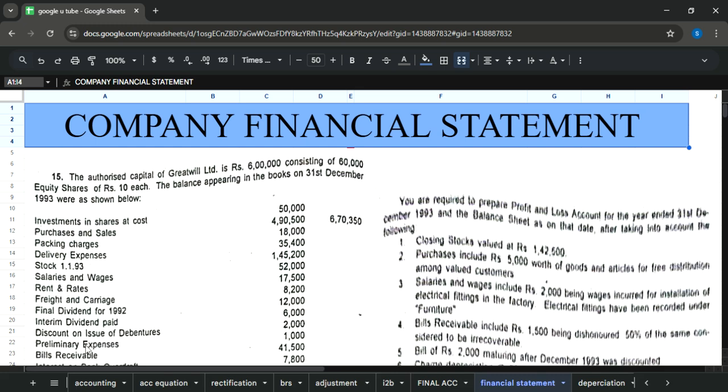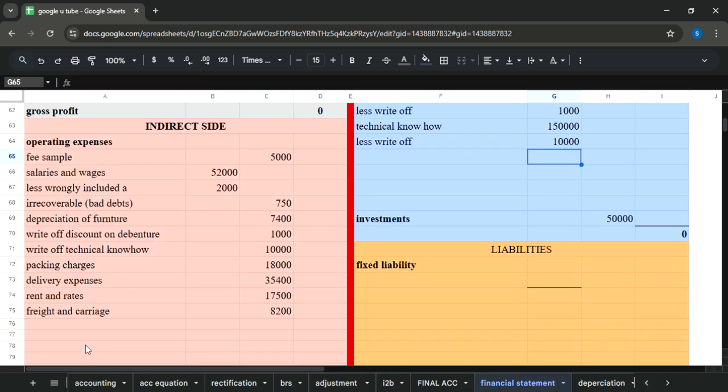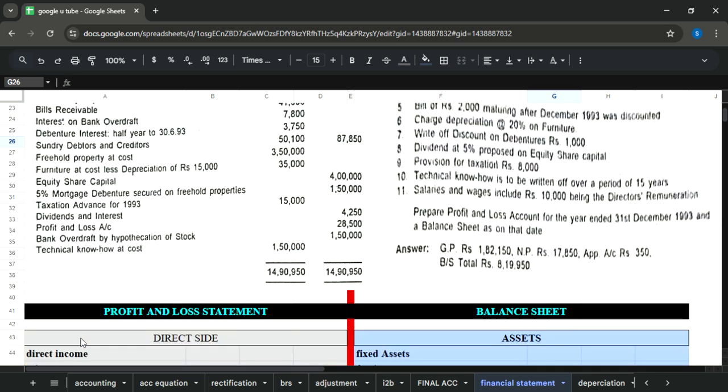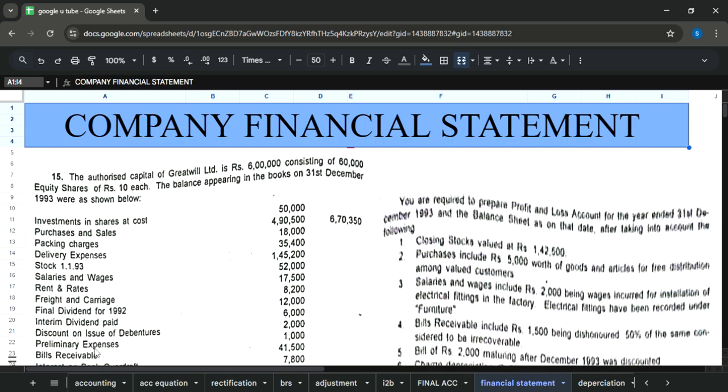Next is preliminary expenses. This would be part of asset side. Understood? Technical know-how, preliminary expenses, or discount on issue of debentures. All three items are actually asset until they are written off. Let's see how much amount of preliminary expenses, that is 1000.